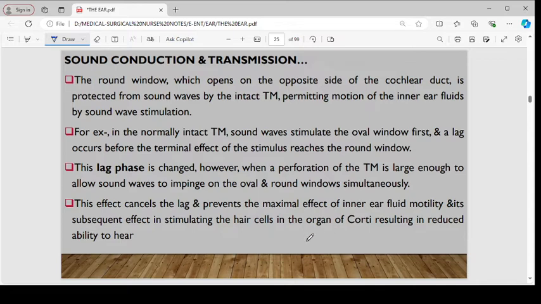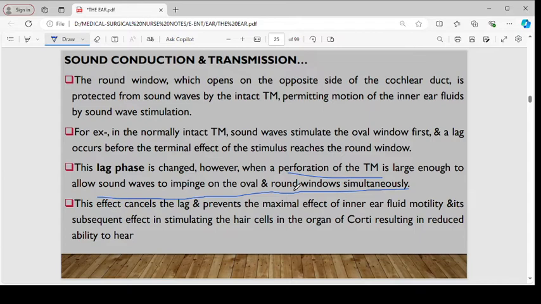So this lag phase is important, and if it is changed, like in the case where we have a perforation of the tympanic membrane, it is going to allow sound waves to impinge on the oval and round window simultaneously, when actually in the normal case it should first hit the oval window, then take some time before it gets to the round window.